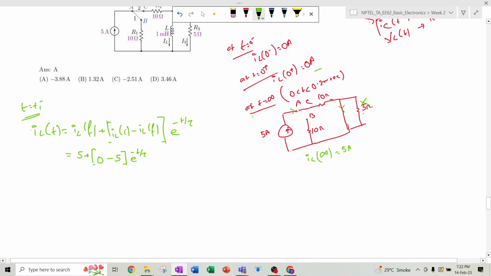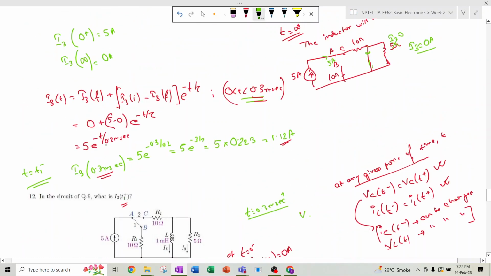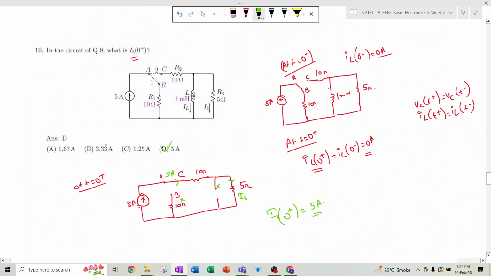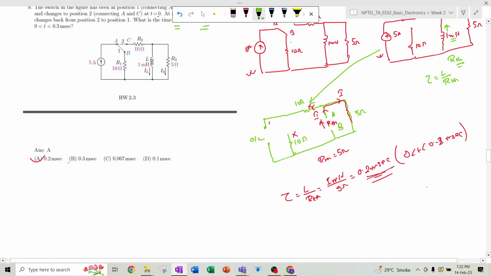So it is coming out as 5 minus 5 e to the power minus t by tau. Okay. Now this tau we have already calculated, 0.2 millisecond.